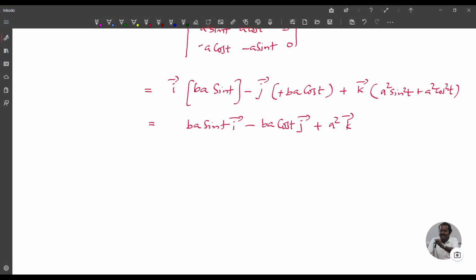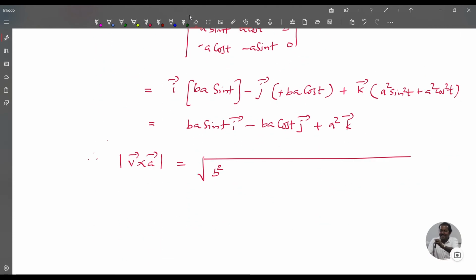So therefore the modulus of v cross a is equal to the square root of b square a square sin square t plus b square a square cos square t plus a raised to 4.